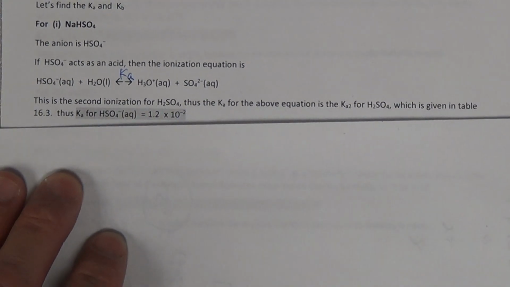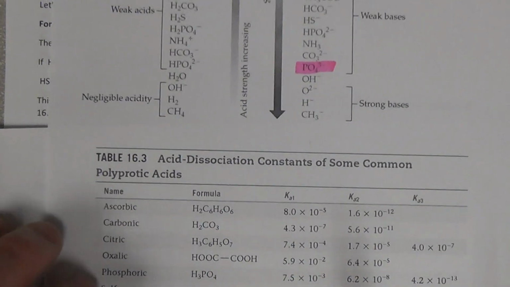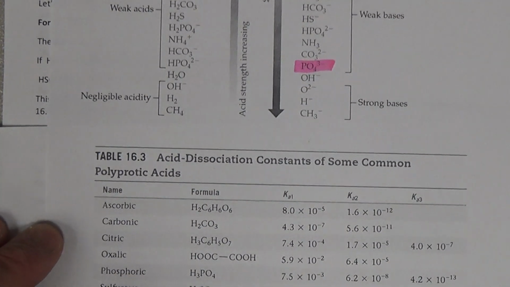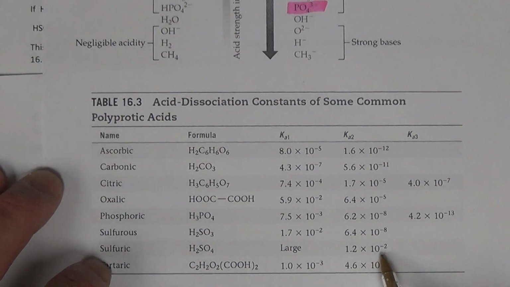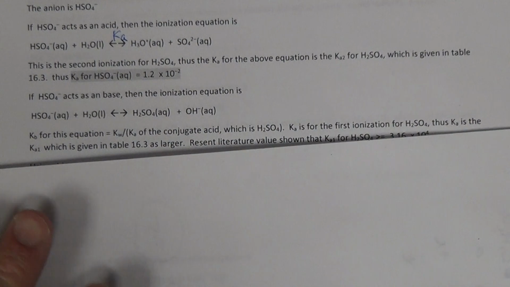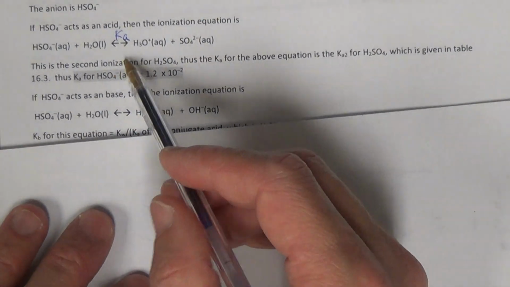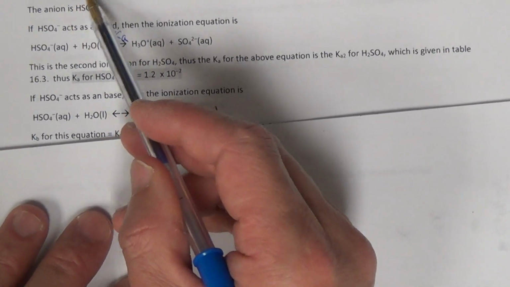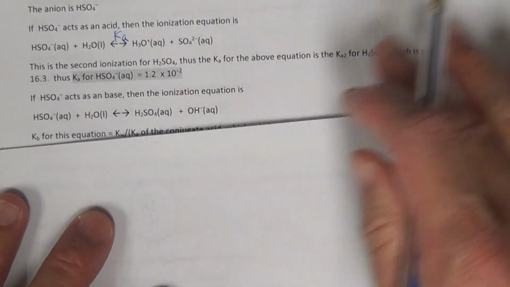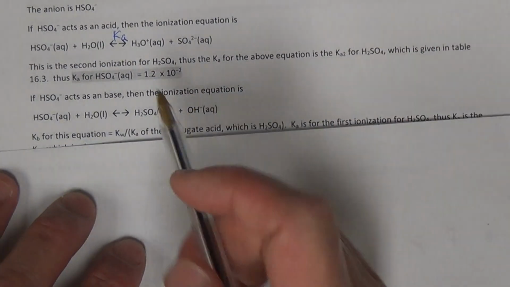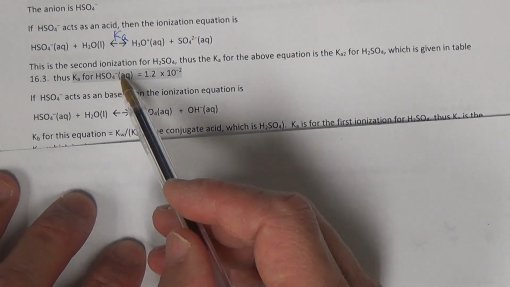This table has sulfuric acid, and Ka2 is 1.2 times 10 to the negative 2. So the Ka for this HSO4 1 negative is 1.2 times 10 to the negative 2.